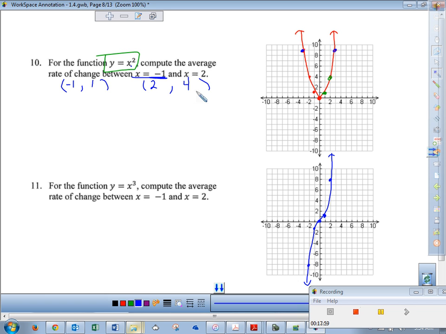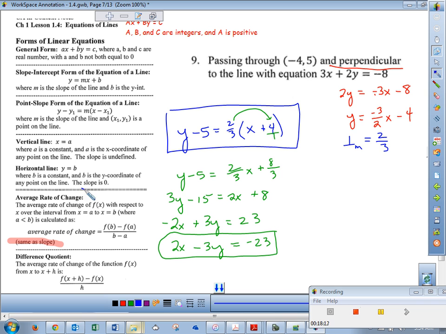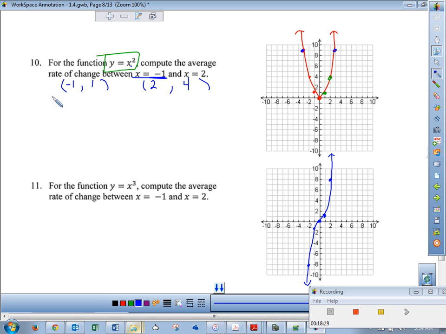On the front side where it said average rate of change, what are we really finding? Find the slope between those 2 points. You just had to create the points yourselves. So m equals 4 minus 1 over 2 plus 1, 3 over 3, which is 1. The average rate of change between those 2 points is 1.